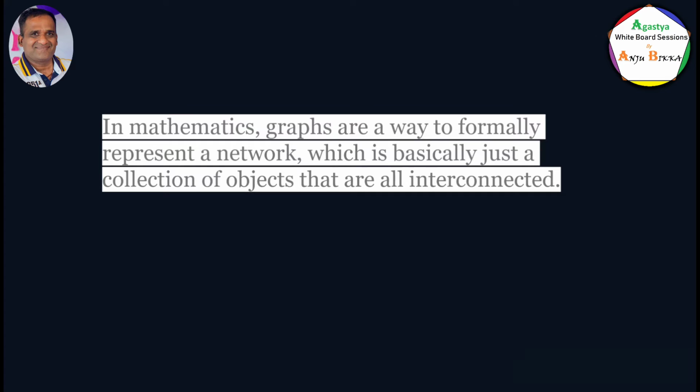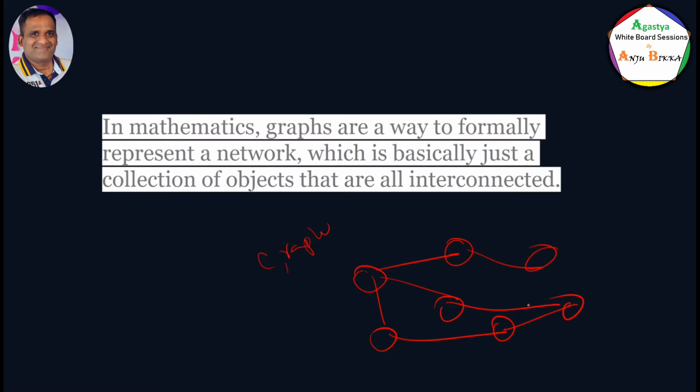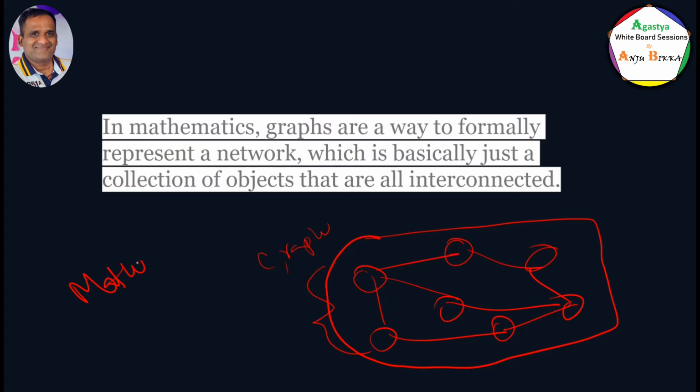In a mathematical way, what is a graph? The simple answer is, when we have a group or collection of objects interconnected, then to represent the interconnected objects in the mathematical way, the answer is a graph.